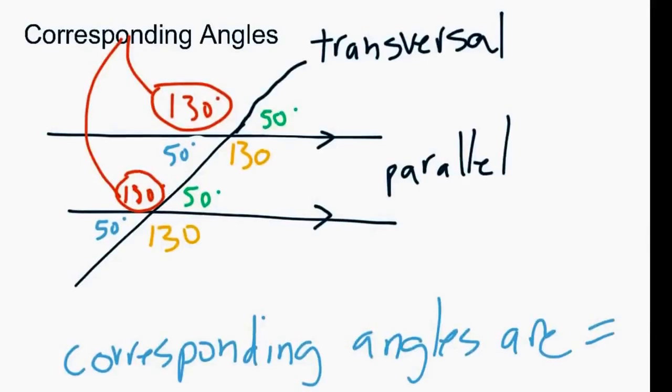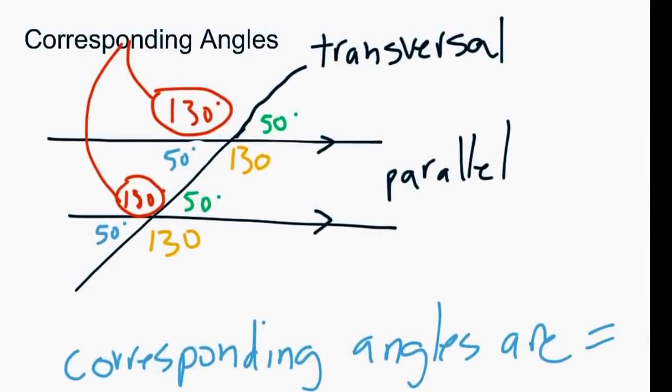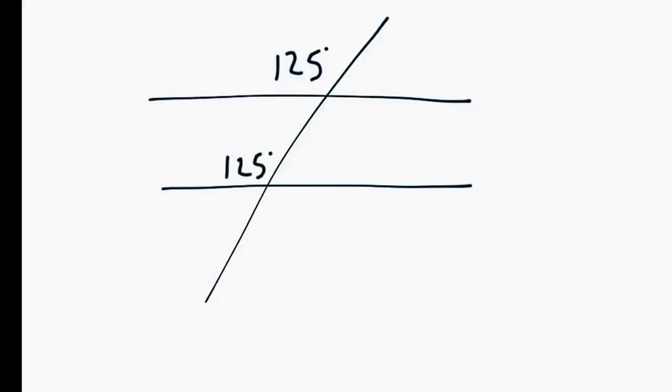And then the reverse would happen if I gave you a question where we had two lines and we're not sure if they're parallel or not, and I told you that this angle up here was 125 degrees, and this angle down here is 125 degrees. The reverse happens: because those corresponding angles are both 125, that would mean that these two lines have to be parallel.